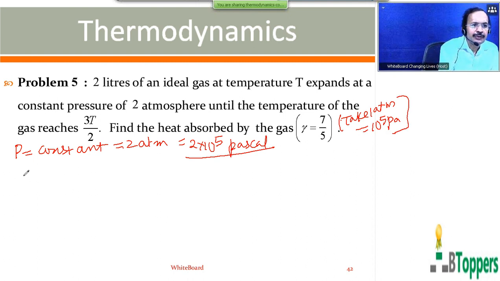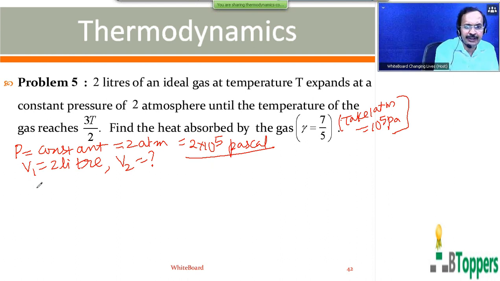Then you are given the initial volume of the gas as 2 liters. To find work done by the gas at constant pressure, you have to know the delta V, for which you have to find the final volume of the gas. You are given the ratio of the initial and final temperatures of the gas, so we can apply Charles' law.